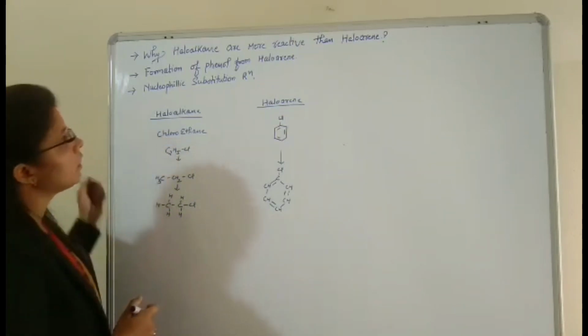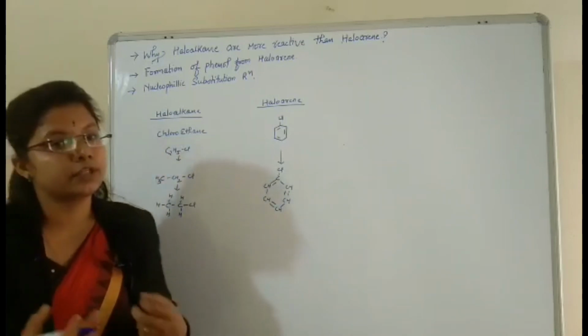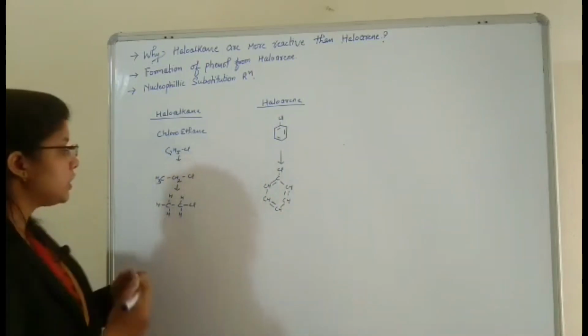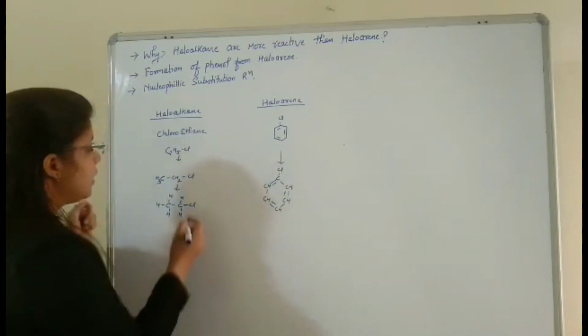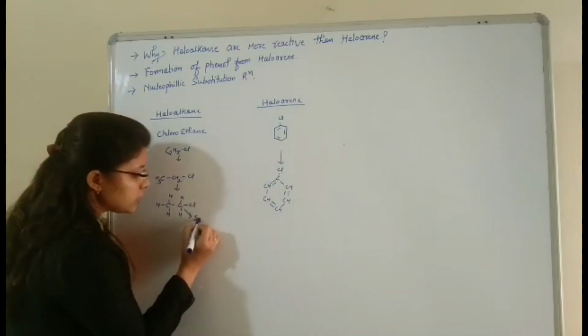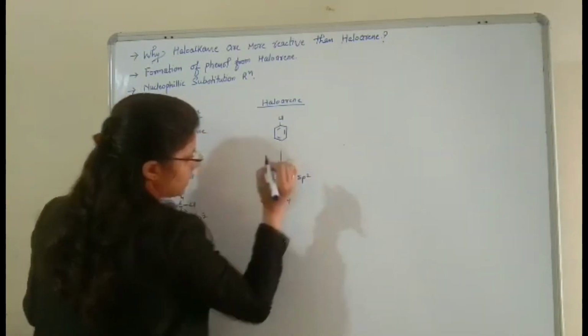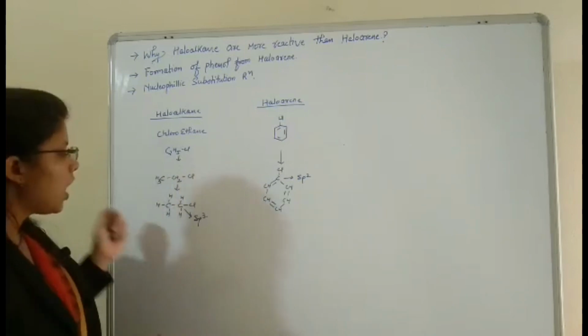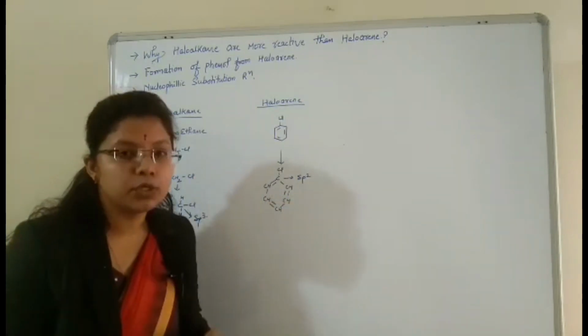Now our question is why haloalkanes are more reactive than haloarenes. To answer this question, we have to see that this carbon is sp3 hybridized and this carbon is sp2 hybridized. Now the question arises, how can I tell that this carbon is sp3 hybridized and this carbon is sp2 hybridized?